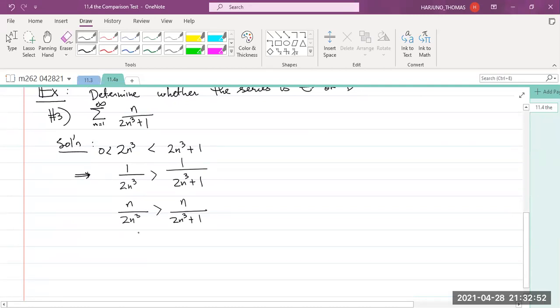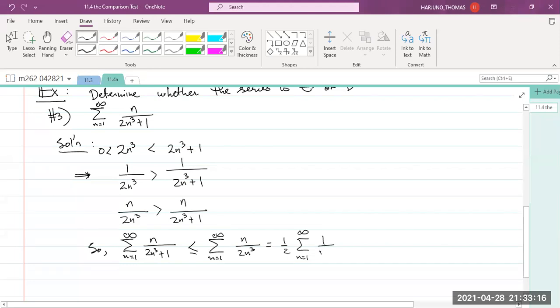But then you will see, this series here is bounded above by this series, which equals 1/2 the series 1 over n squared. Since the series 1 over n squared is convergent by what?